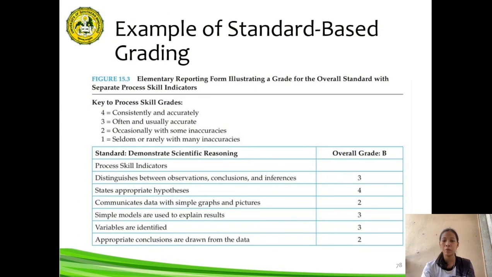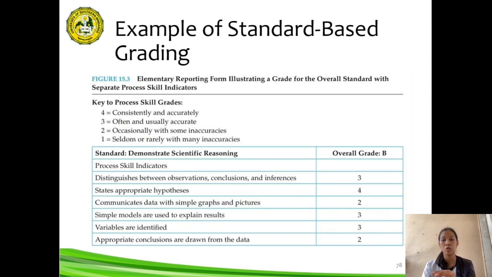So example dito is yung distinguish between observations, conclusions, and inference, state the appropriate hypothesis, communicates data with simple graphs and pictures, use simple models to explain results, identifies variables, draw appropriate conclusion for data. So each of these, or lahat ng to, yung anim, bawat isa nito ay component siya ng scientific reasoning.